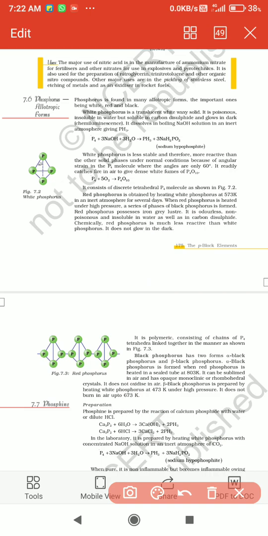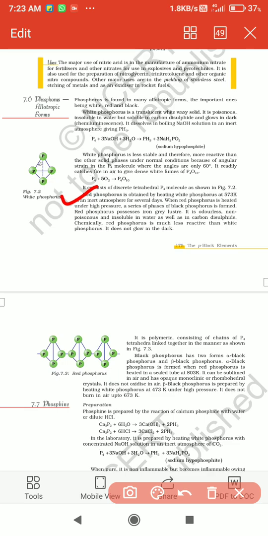And this red phosphorus possesses an iron gray luster. It is odorless and non-poisonous in nature.